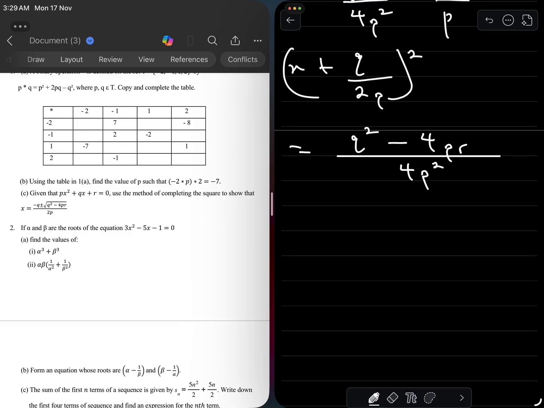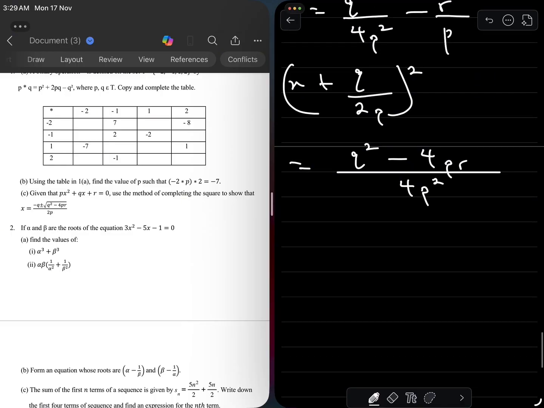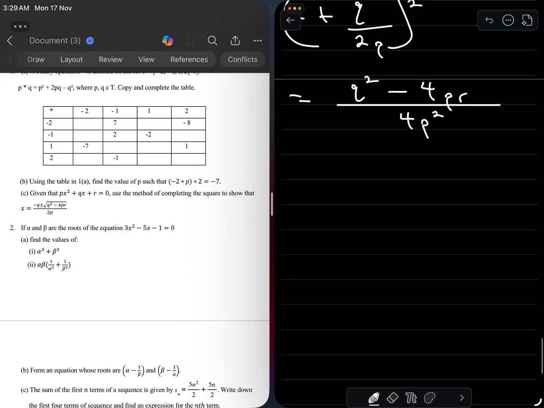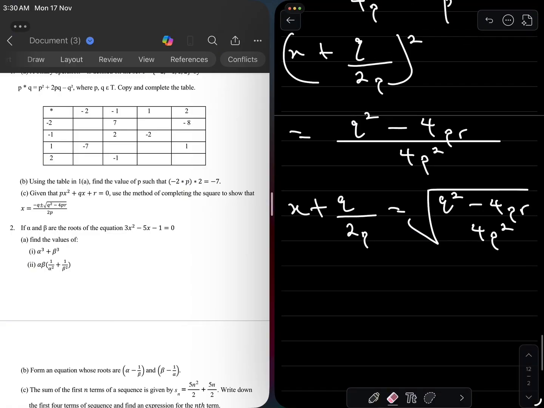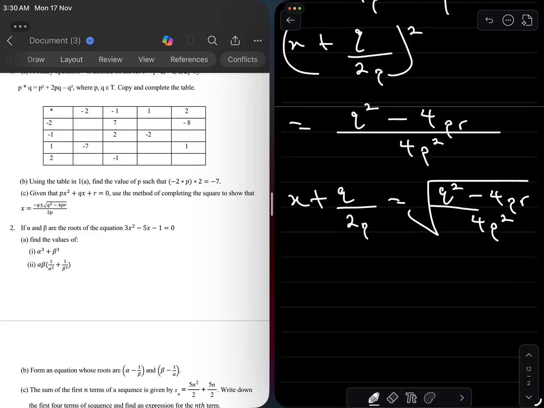Now if I find the square roots of both sides, the square root of the left hand side will be x plus q over 2p equals the square root of q squared minus 4pr over 4p squared.